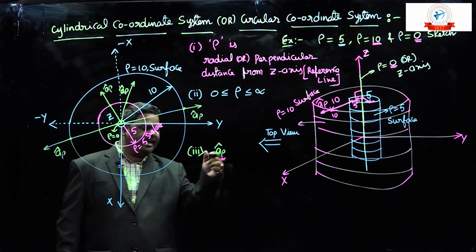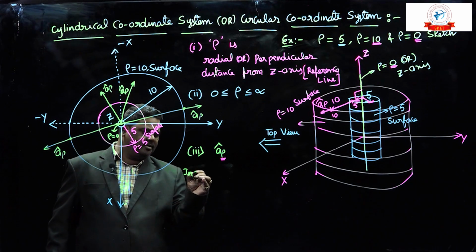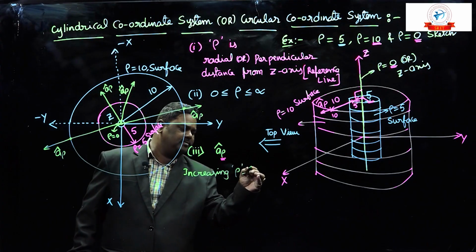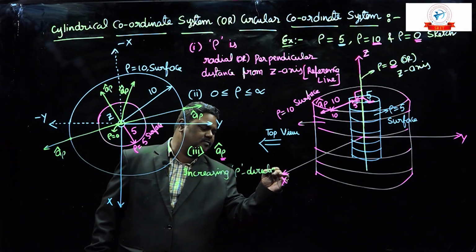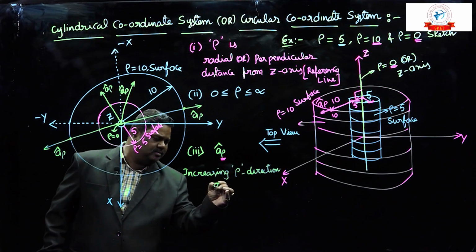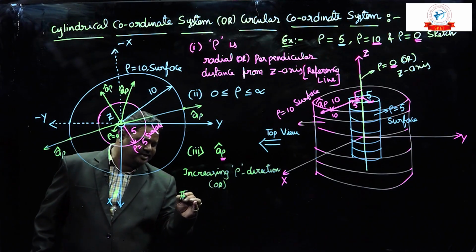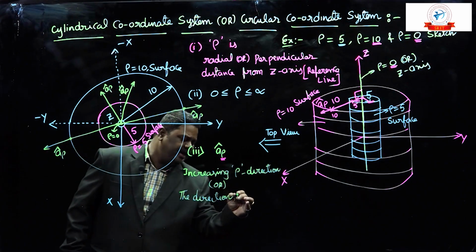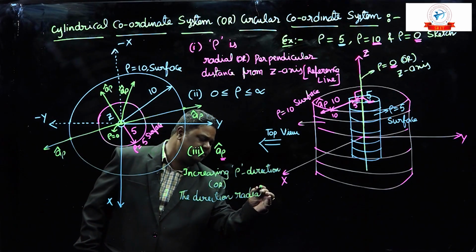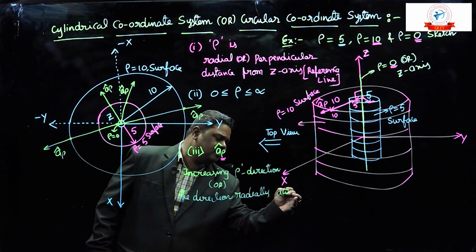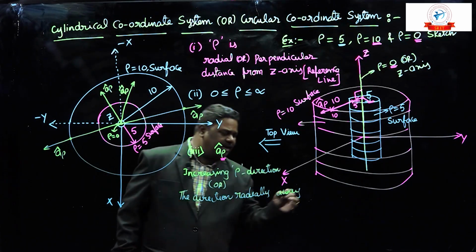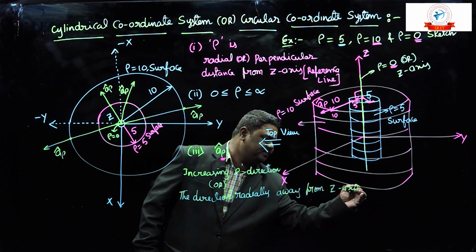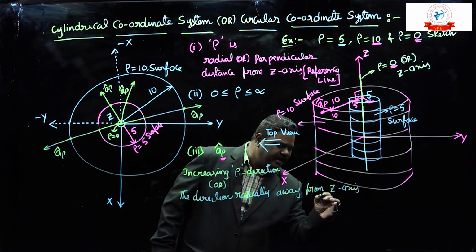Here I write: a-rho cap indicates the increasing rho direction, or the direction radially away, or perpendicularly away from the z-axis. You know that the z-axis is nothing but a reference line.